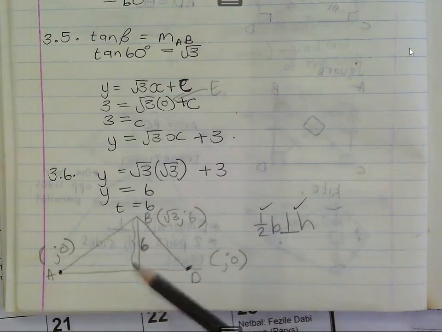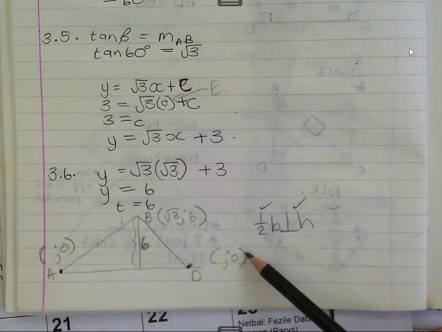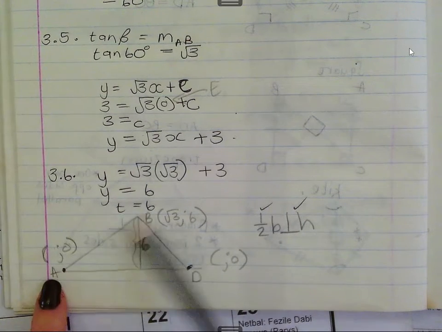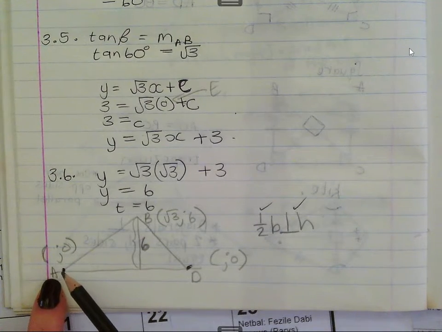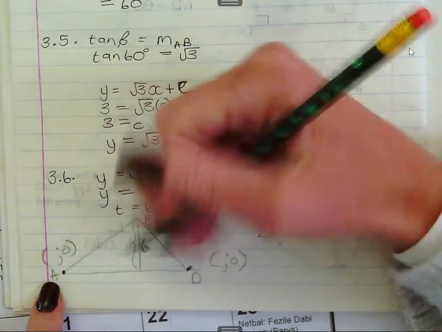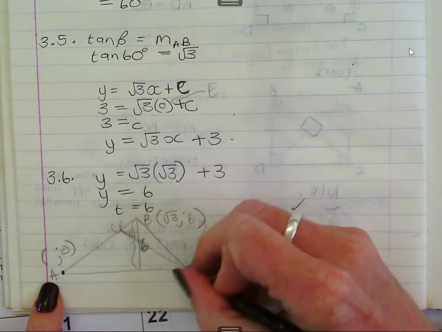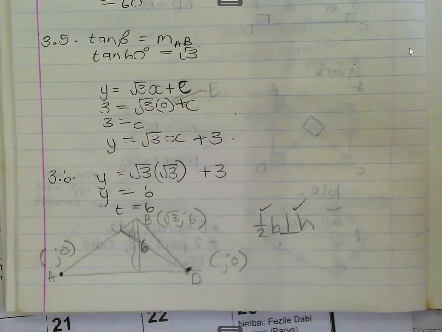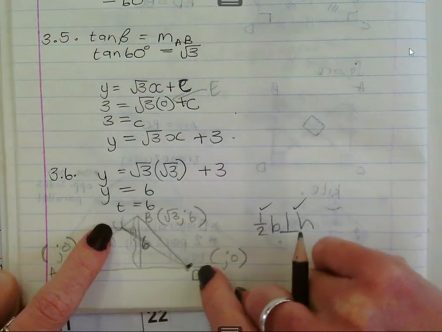So I also know that the y value of A is 0 and the y value of D is 0. Does that make sense? Do I have the equation of AB? Yes. Do I have the equation of DE? Even though it's not DB, even if it's DE, what was it, CD? Because you see, it's intercepting at the same point. I just want that x value. It's all I want. And they gave me the equation of CD.